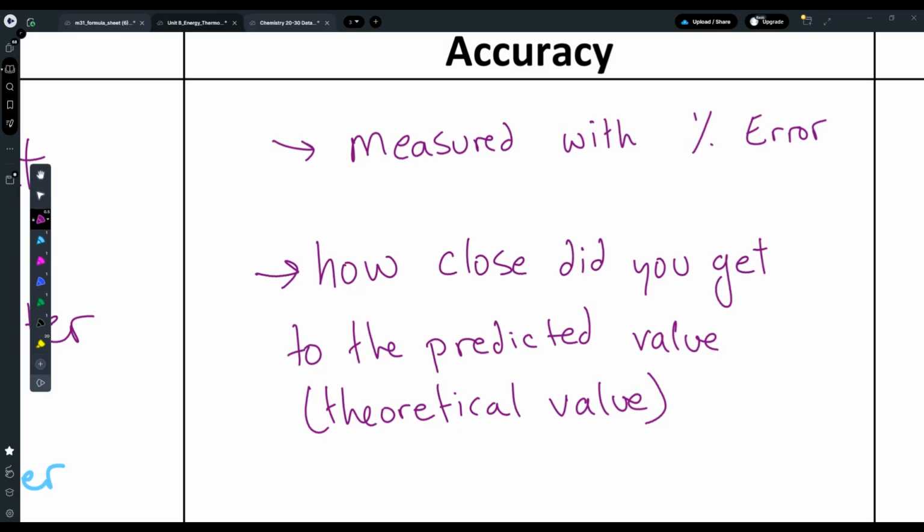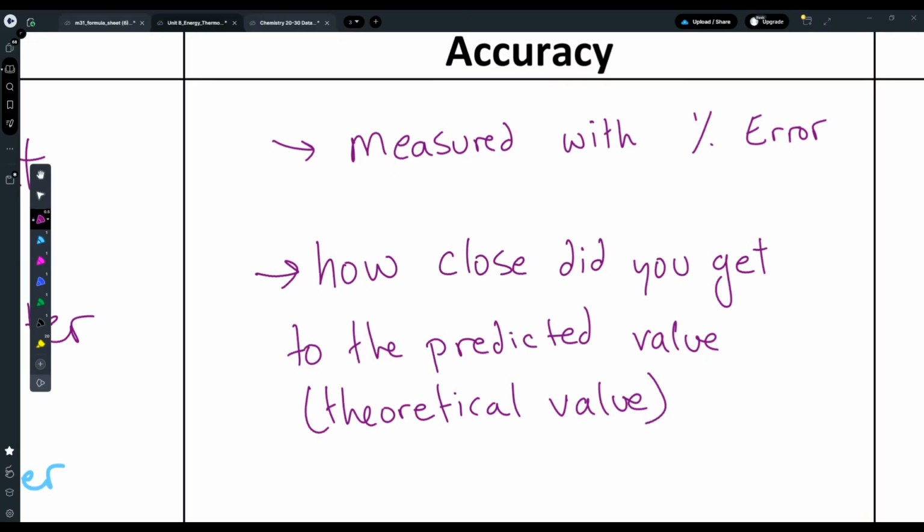But how close you get to that predicted value that you got from your stoichiometry calculation is going to change what your percent error is. So if you got a little bit less than the theoretical value of product that you should have gotten out of a reaction, but it's still pretty close to the predicted value, your percent error is not all that big.